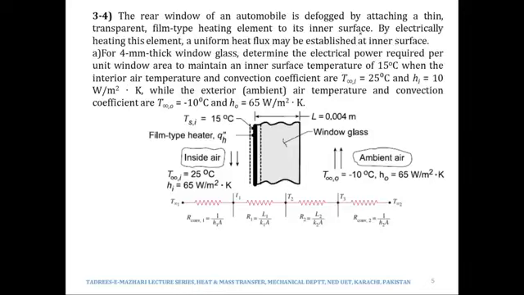Now they are saying that we are getting rid of the fog by attaching a thin transparent film type heating element to the inner surface of the rear window. Probably you would have seen those orange lines on the rear window of certain automobiles. It is that thin transparent film type heating element that is being discussed over here.